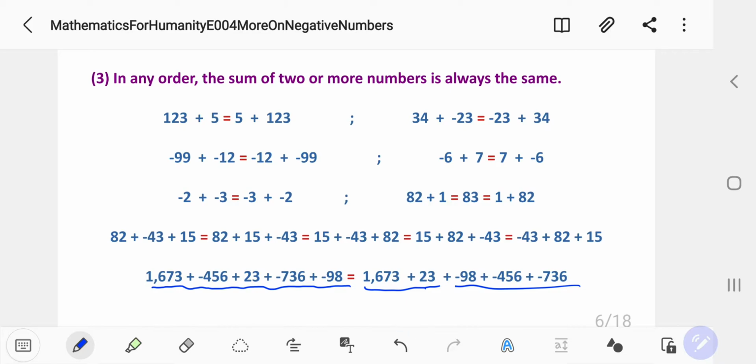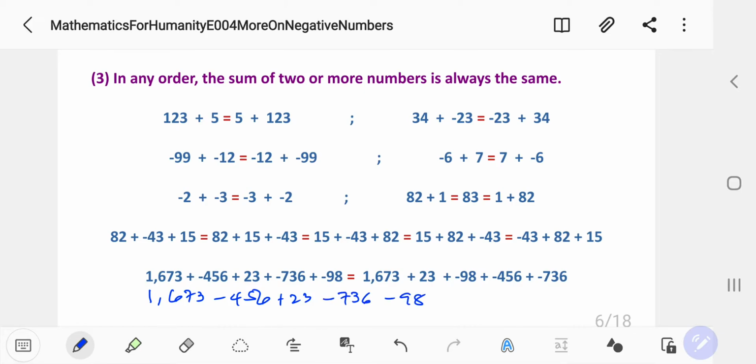By the way, you can also write this as, because we knew that this is just 1673 minus 456 plus 23 minus 736 minus 98. You can write that. This one, and that one.